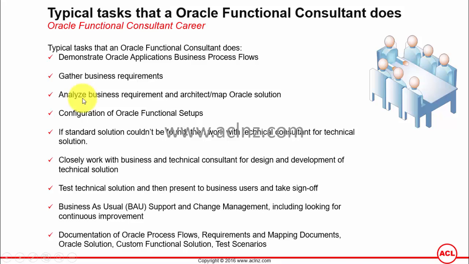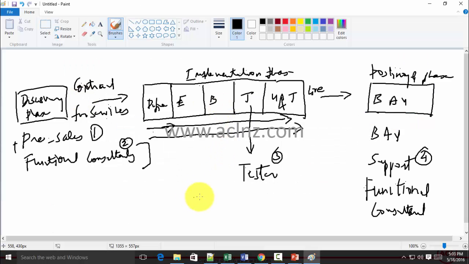So one level of tests is done by the functional consultant. The second level of tests is done by dedicated testers. The third level of tests is done by the users themselves. So the third level of tests which are done by the users is also called user acceptance testing, or UAT, which is usually the final phase prior to going live, as you could see over here.